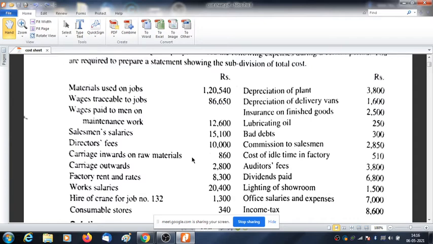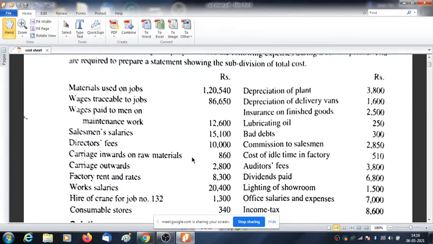Sir, this is direct expense. Yes, this is direct expense and it would be added with material used on job. Because there is no opening stock or closing stock of raw material. Had there been any, we would have followed that format: opening stock of raw material, add purchase of raw material, add carriage inward, then less closing stock of raw material.